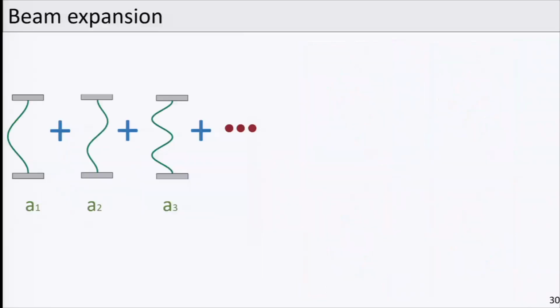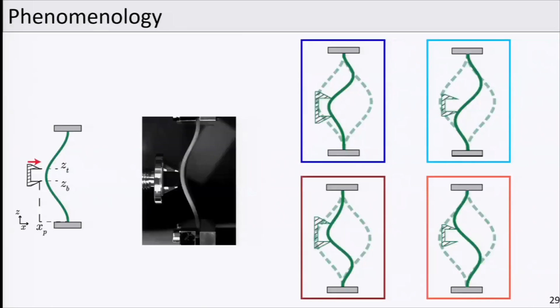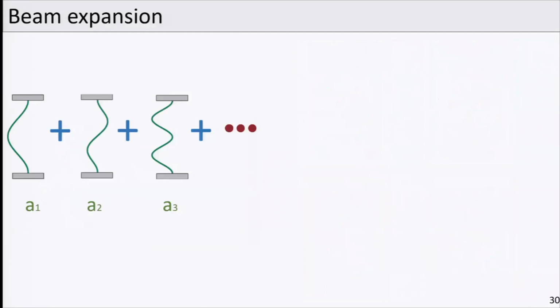And the other thing we do, which is suggested actually by these pictures, is that we perform a beam expansion. So we write the shape of the beam as a function of the buckling modes of this clamped beam. I represent here the first three modes. So this is the first buckling mode, the S mode, and the W mode.